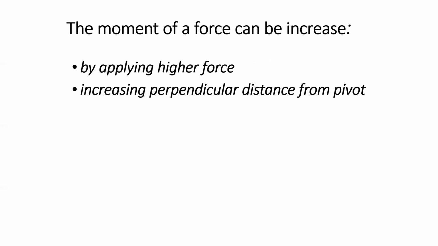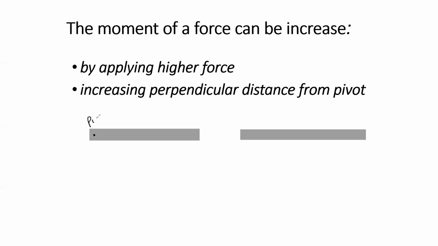So if you have two objects of the same length, here is a pivot. I apply a force of 10 Newton, and the distance between the pivot and the force is, for example, 2 centimeter.